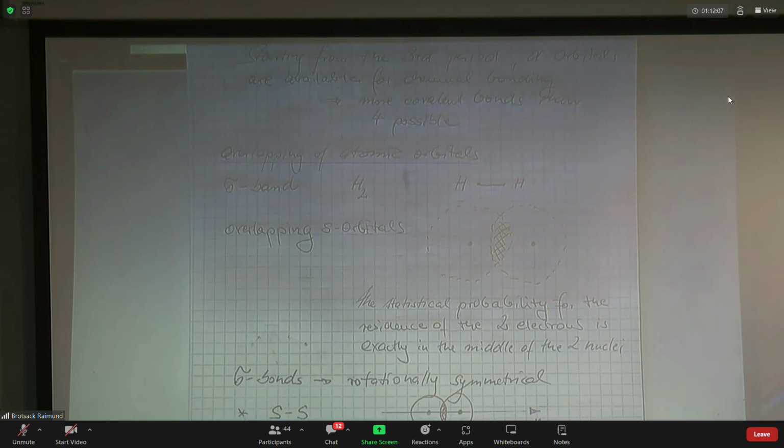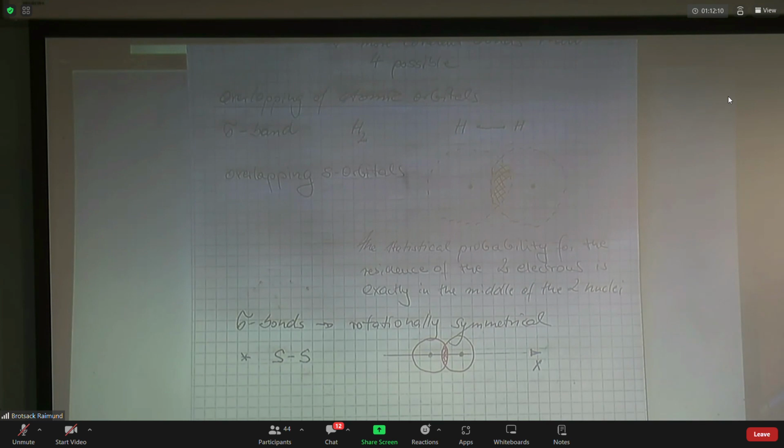Do you have an idea which other types of sigma bonds we could have? Do you remember the geometrical form of the p orbitals? How are the p orbitals looking? But first, can you describe the structure of a p orbital?